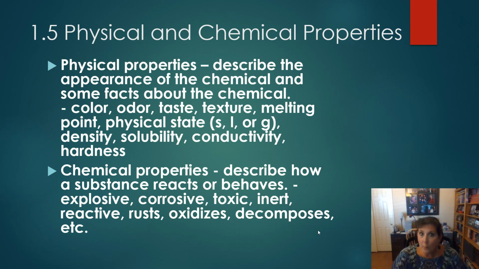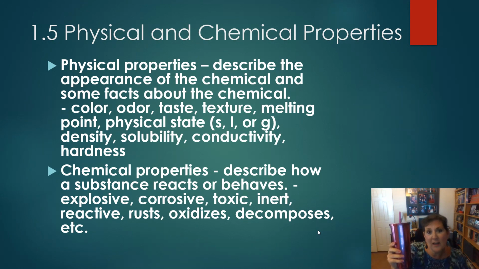Chemical properties describe how a chemical behaves. So this needs to be like an action verb. Explosive, corrosive, toxic, reactive, rusts, oxidizes, decomposes, or if it does nothing, it's inert. So this is pretty inert.